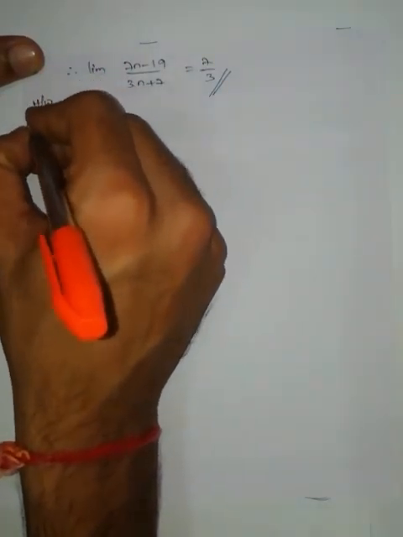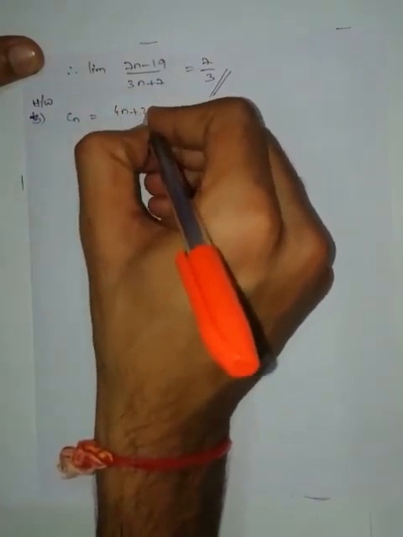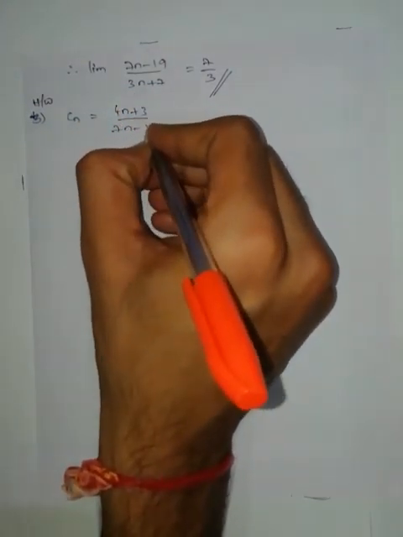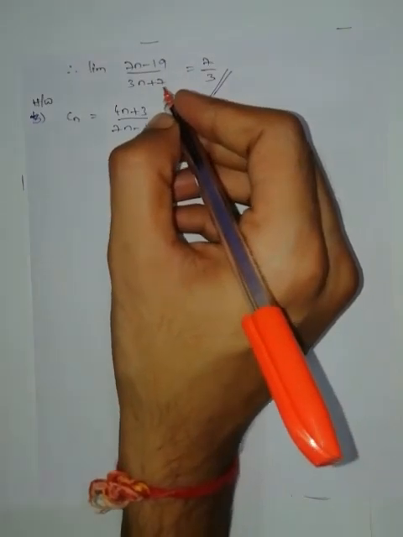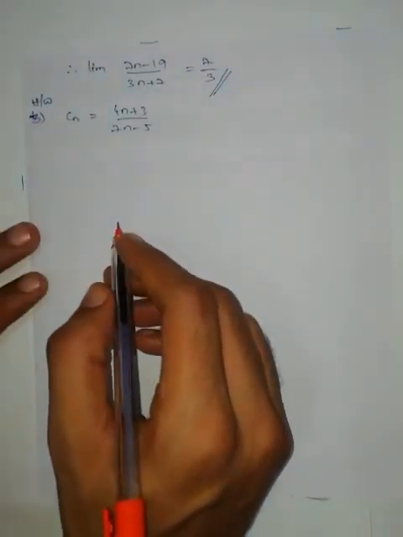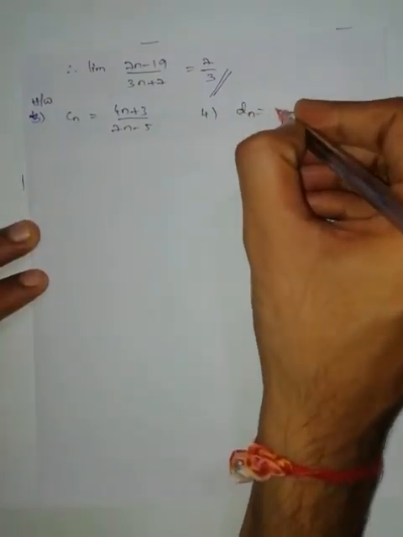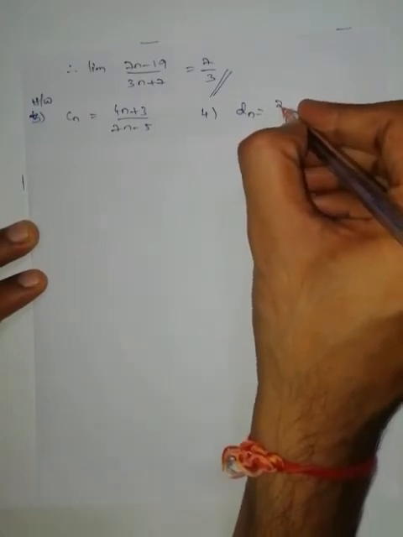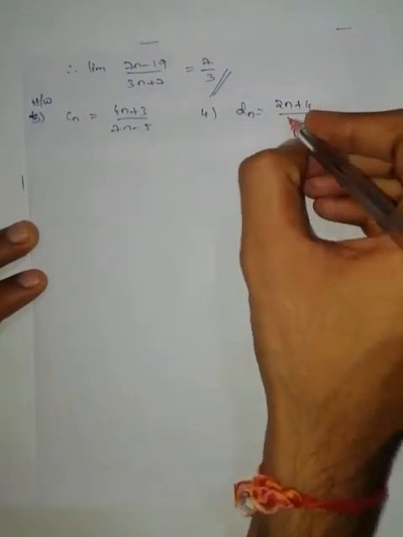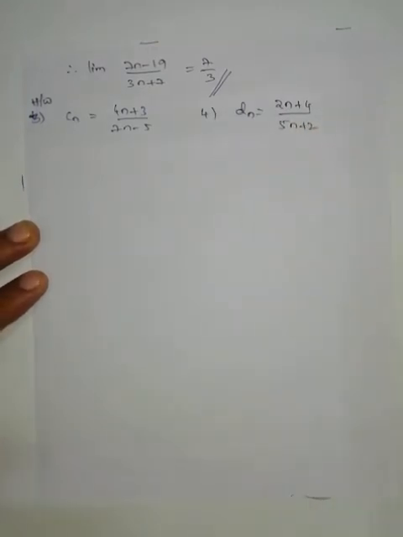The third one, Cn is equal to (4n plus 3) by (7n minus 5). Next, fourth one, dn is equal to (2n plus 4) by (5n plus 2).